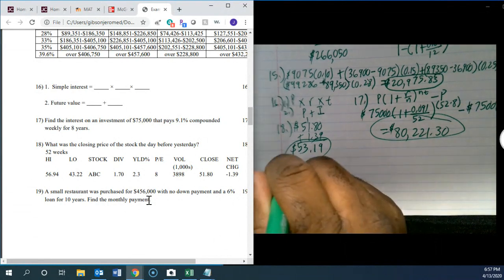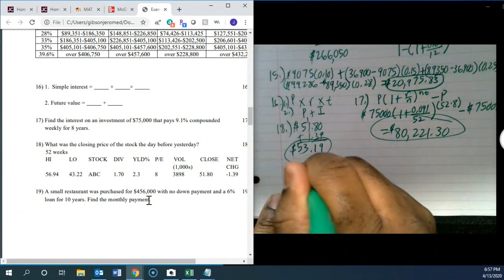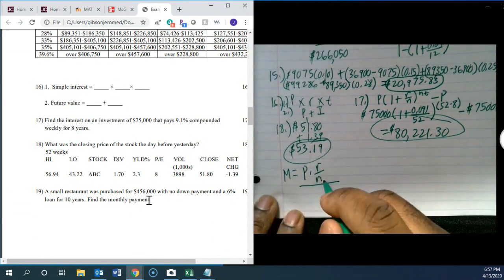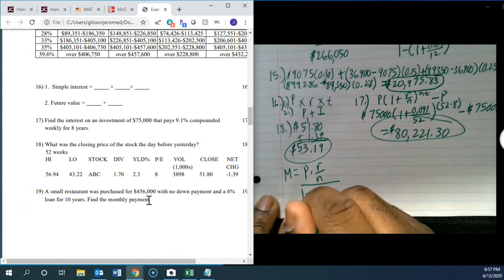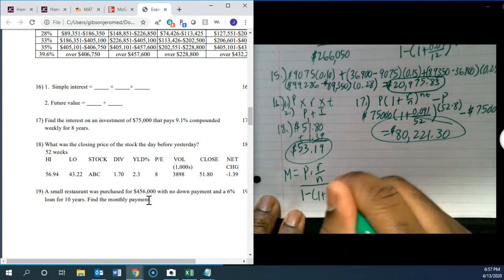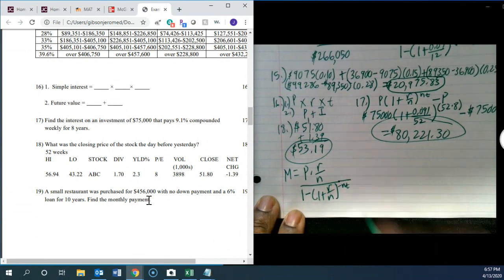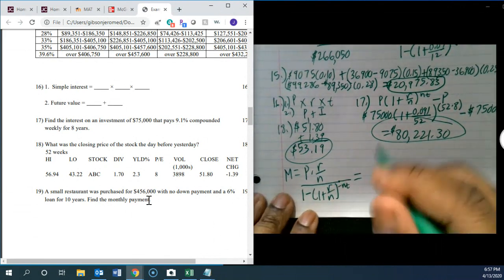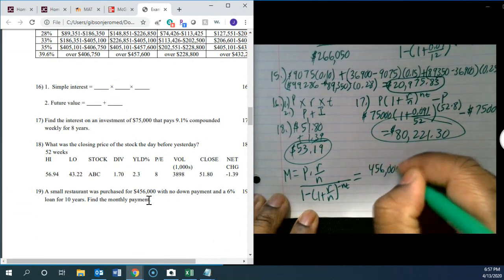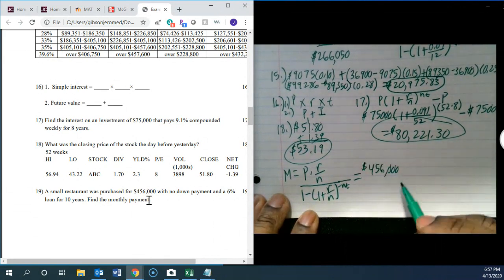So the monthly payment we know is equal to principal times rate over the number of times that interest is compounded, over 1 minus 1 plus the rate over n to the negative nt, the negative n times t. So now the principal is $456,000 because no down payment was put down. So it stayed $456,000.